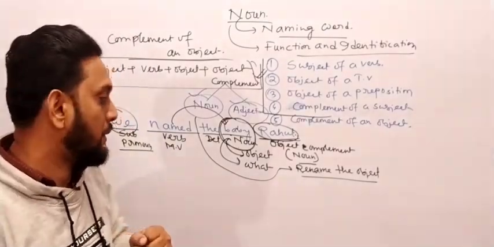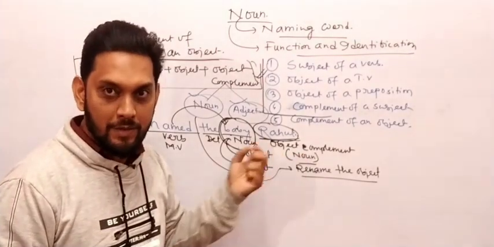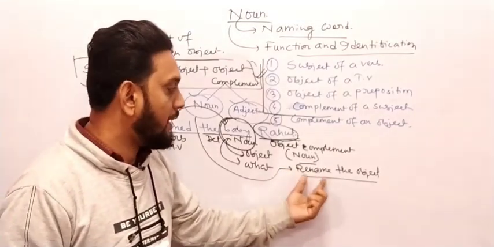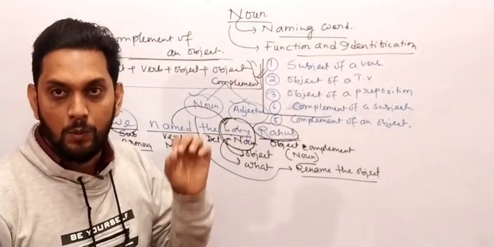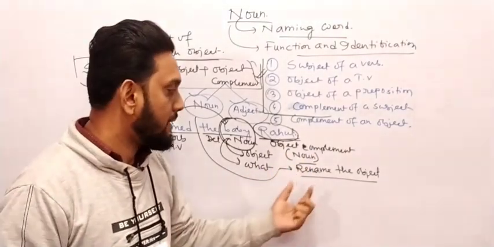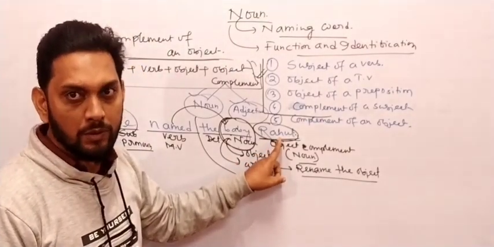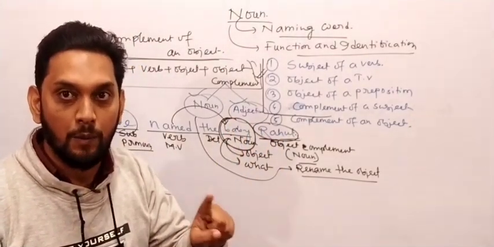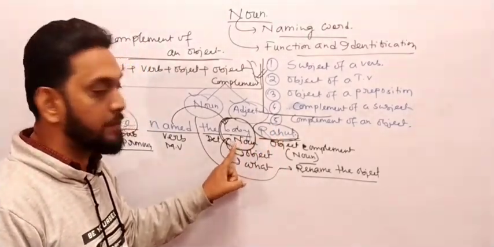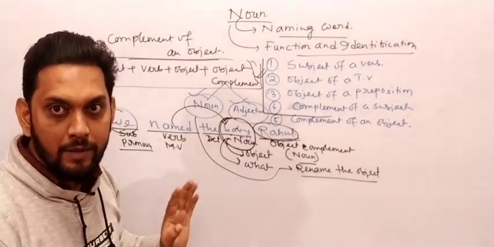When you see that the object complement is used to rename the object, then it should be considered a noun. And it must be the object complement, and it comes for this object, this baby. It renamed the object.